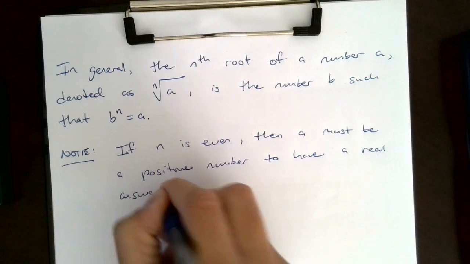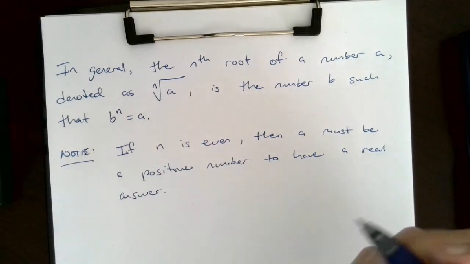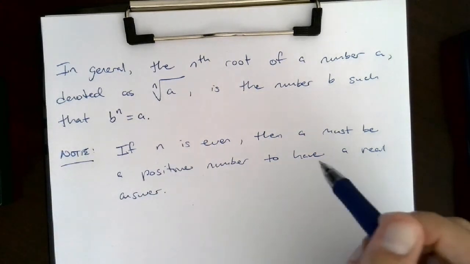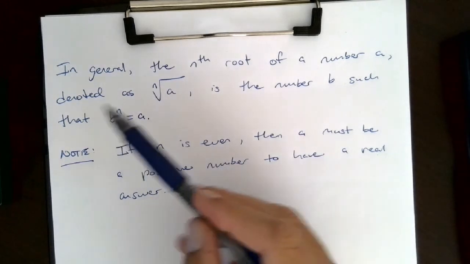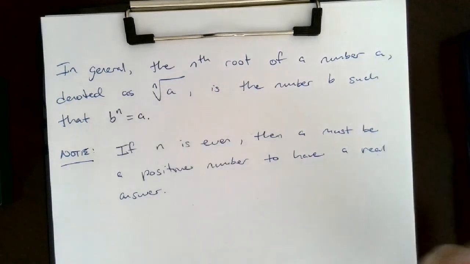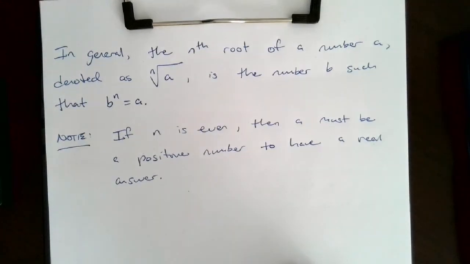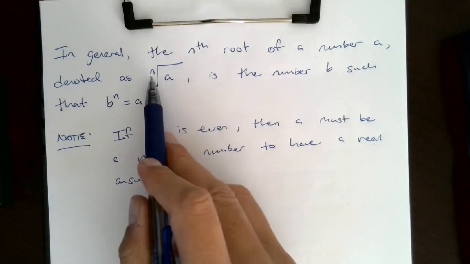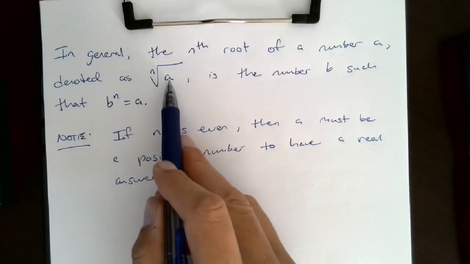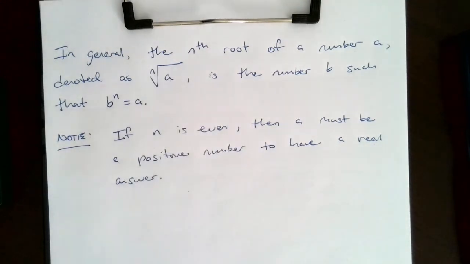And that's because you couldn't use a negative number to get a real answer, because a negative times itself an even number of times would turn out positive. Alright, so if the index is even, then the inside here would have to be a positive number to get a real answer.